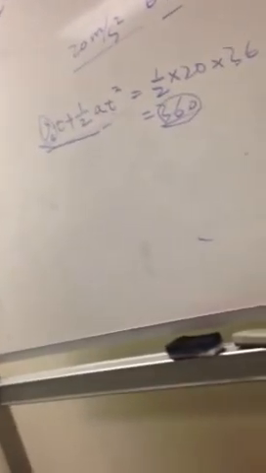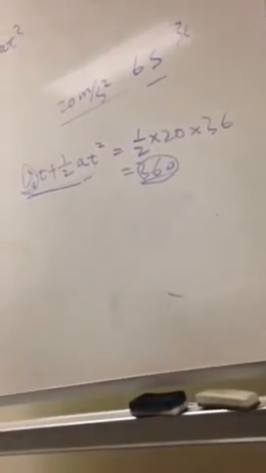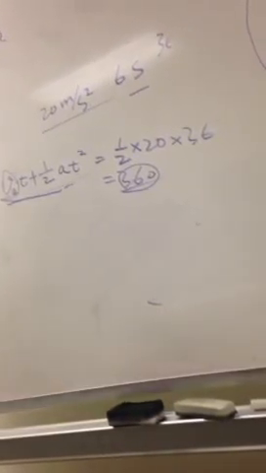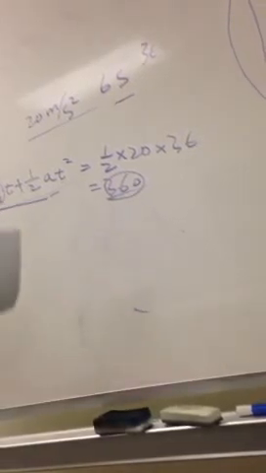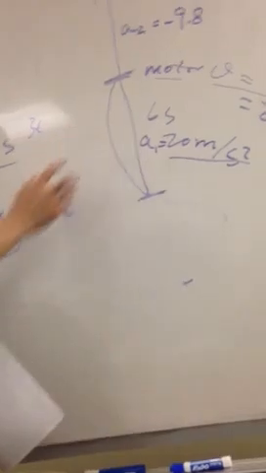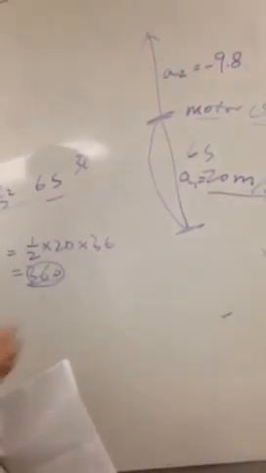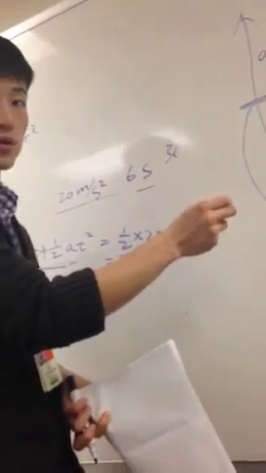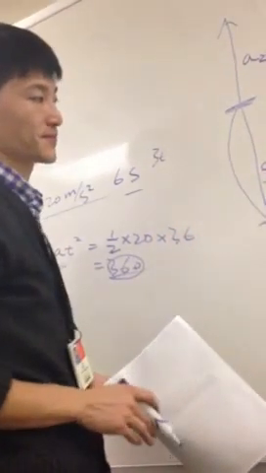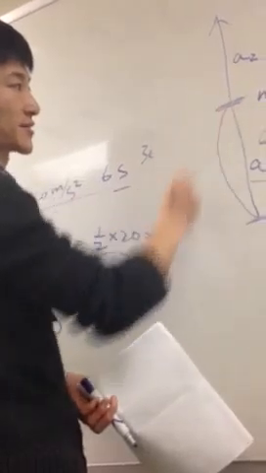But in this problem, basically, we're just trying to find the final position. But you need to separate the whole process into 2 different processes. The first one is with the motor working, and the acceleration is 20 for 6 seconds.